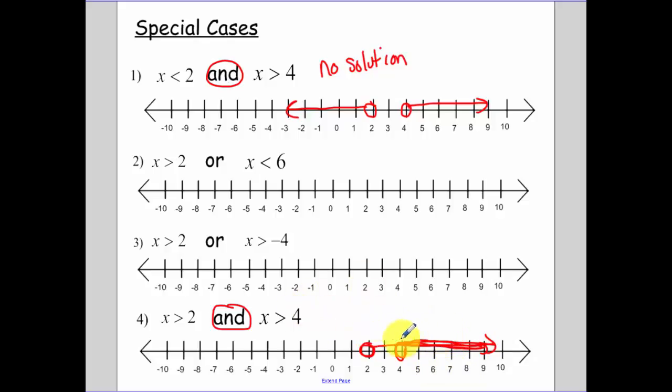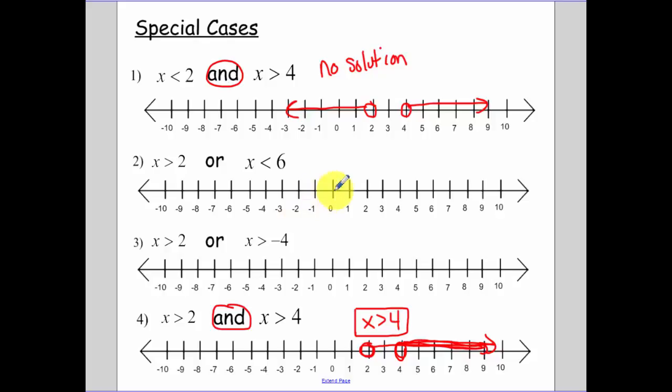The numbers that make both of them true are the x greater than 4. So that would be your answer there, because all of those numbers make both of them true. If you look at 3, 3 is not greater than 4. So there's nothing in between 2 and 4. You pick the larger, technically, of them.